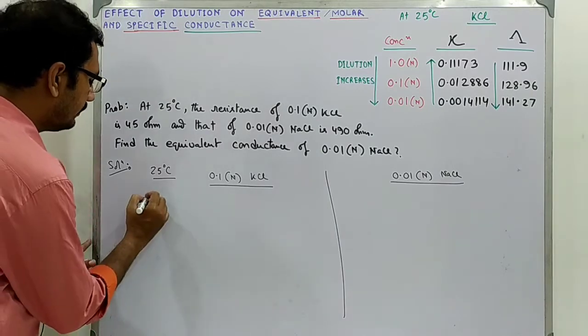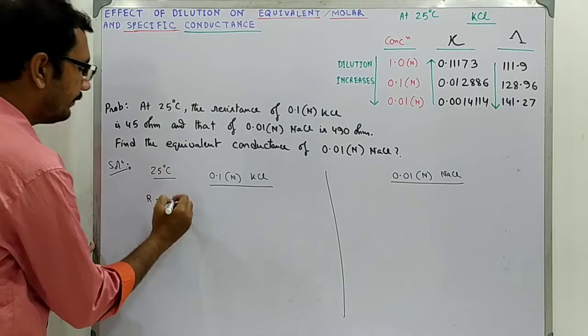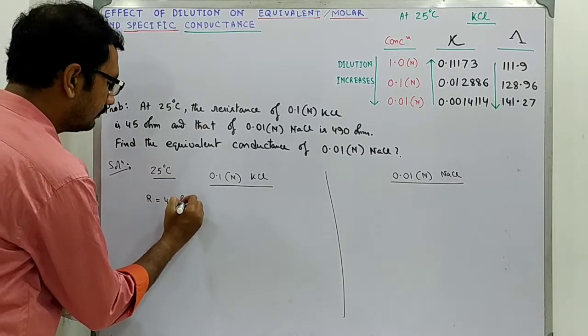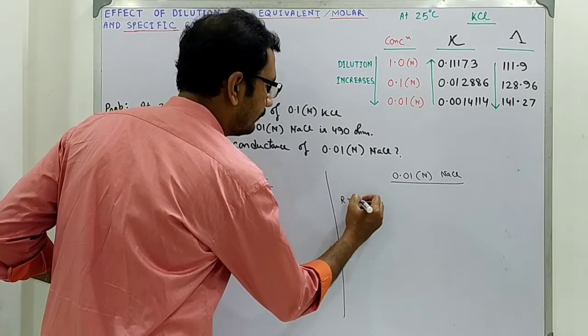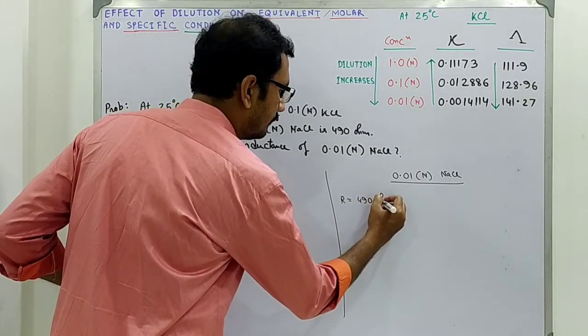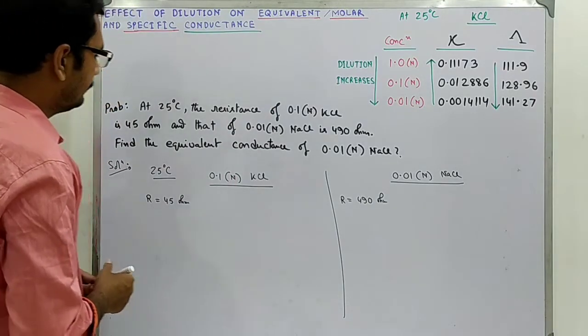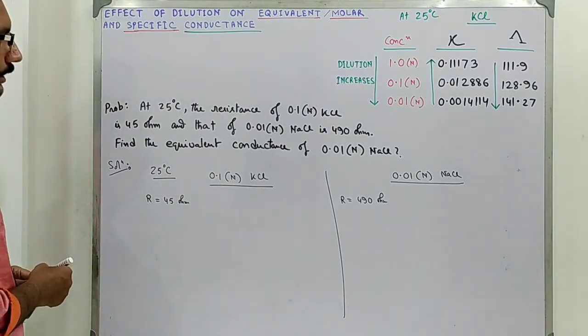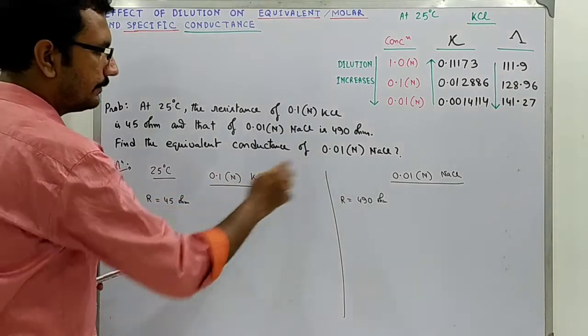Now, the resistances given are here 45 ohm, and here 490 ohm. These are the concentrations.